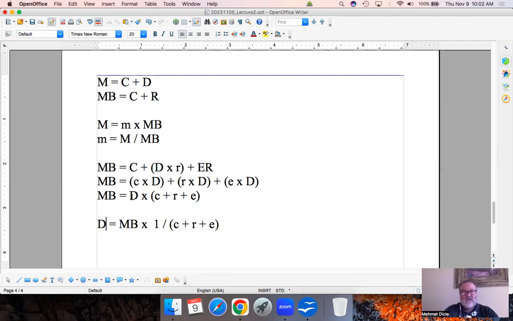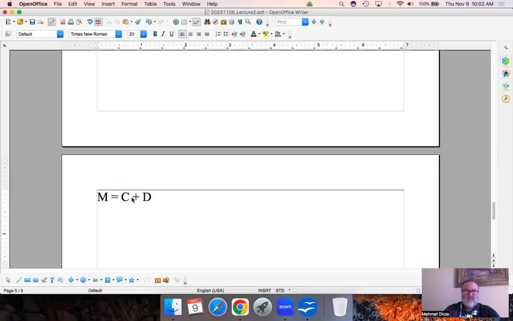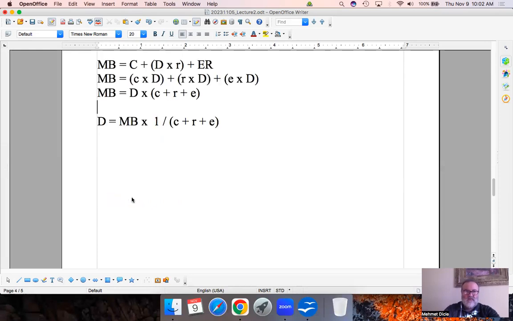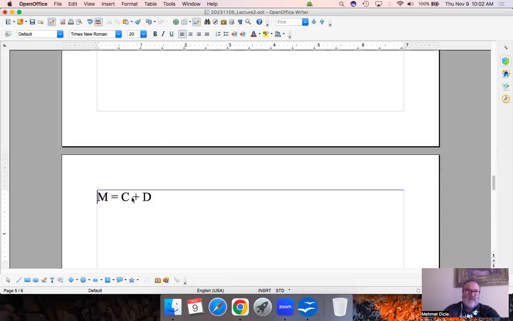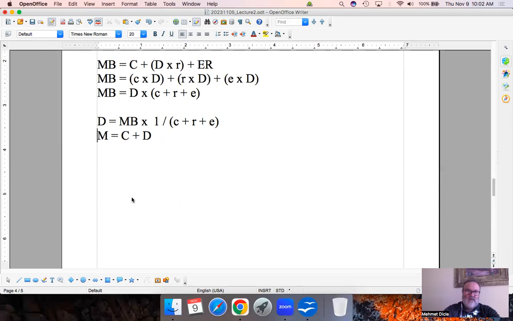First of all, we know that money is C plus D, right? Let me write it right here very quickly. Money is C plus D. And then we also know that C is the currency ratio times the deposits.